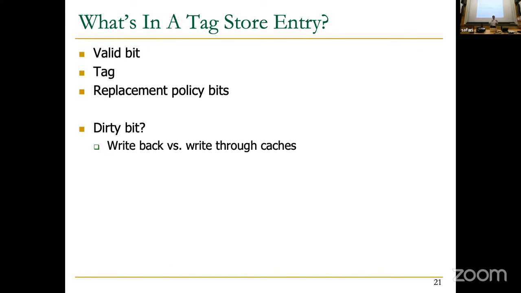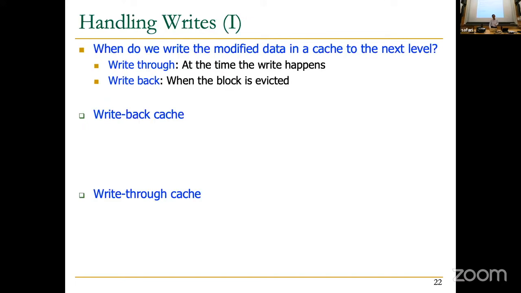Now, this goes to another design decision, which is, is your cache write back or write through? Meaning, whenever you do a write to your cache, does the write propagate immediately to the next level, or do you keep the modified data in the cache and propagate the updated value to the next level after the block is evicted? And this is a very fundamental design decision.